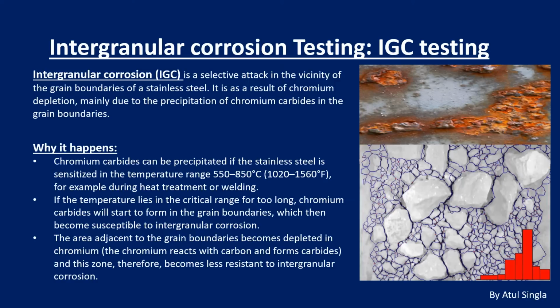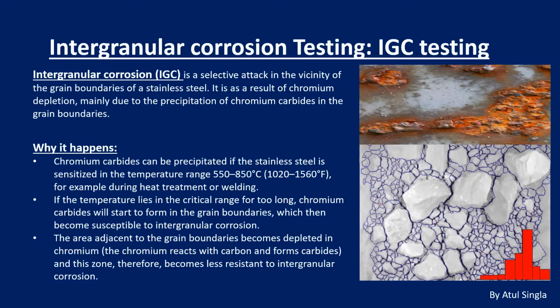Now let us try to understand what intergranular corrosion is, why it happens and where it happens. Mostly we see this kind of corrosion in stainless steels at the grain boundaries. Why does it happen? It is a result of chromium depletion, because it happens mainly due to the precipitation of chromium carbides in the grain boundaries.